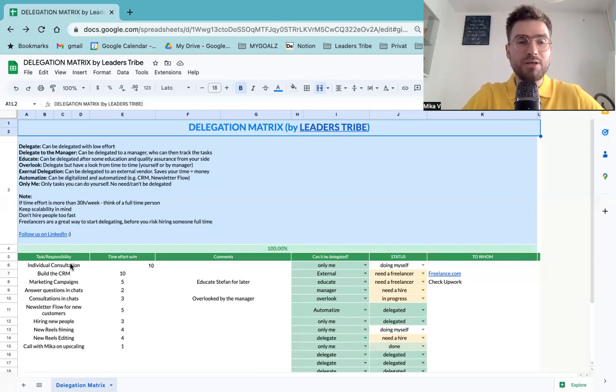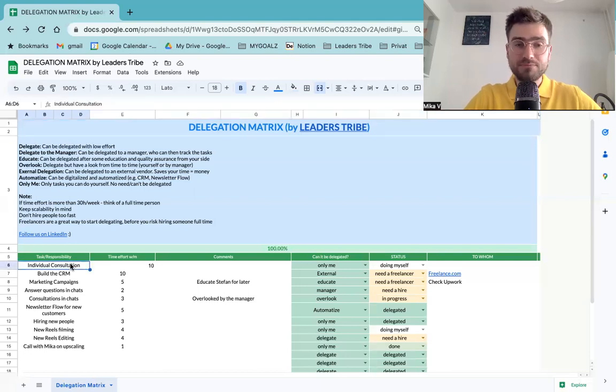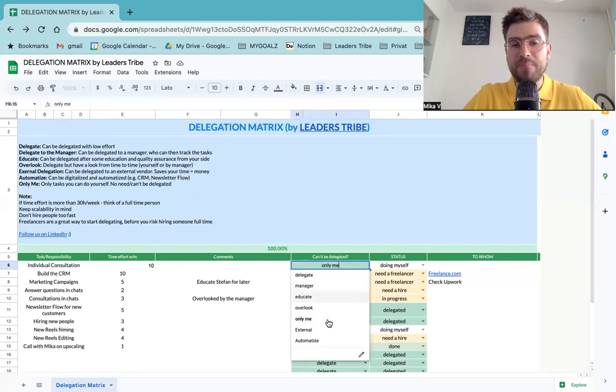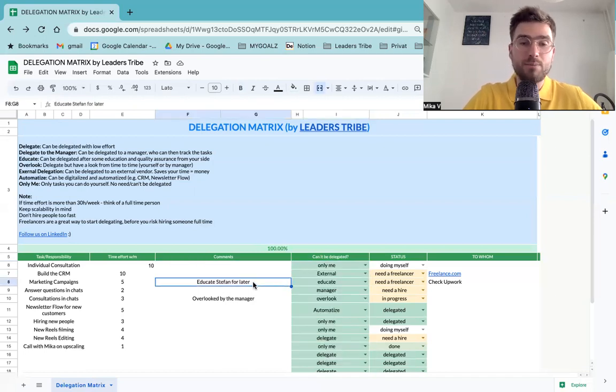Yeah, what happens next? Here I explained to you how these different categories work. Here's just an example of a marketing agency that is educating marketers and is doing marketing services. So individual consultations, 10 hours per week, it's done only by me. Here, you're just picking different categories from the ones that we've just discussed before. Here, you can add some comments. Here, for example, okay, marketing campaigns, we don't have a marketing manager, apparently.